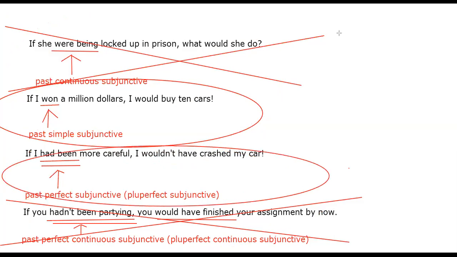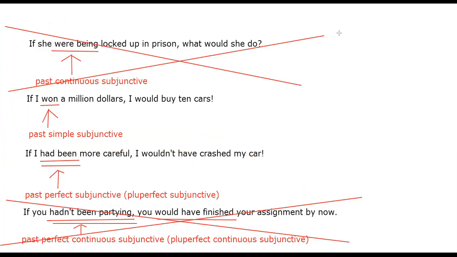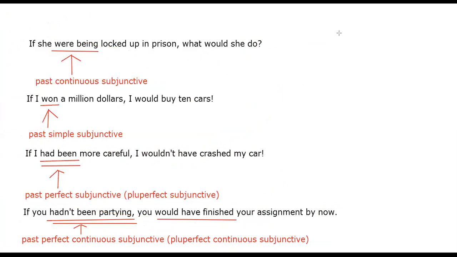But to summarize, the past simple subjunctive points to the present. The past perfect subjunctive points to the past. So just remember that. So for the first two examples, we have a present situation. She's not being locked up in prison, but if she were being locked up, well, that's the imaginary scenario.